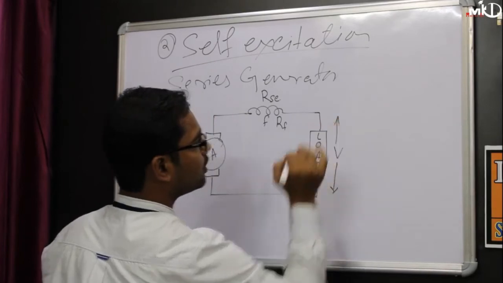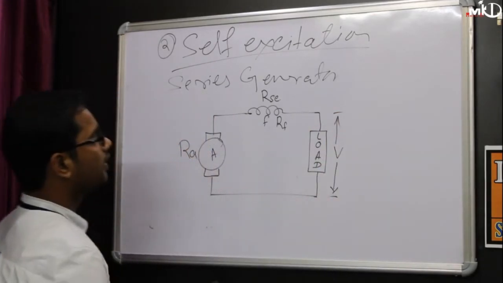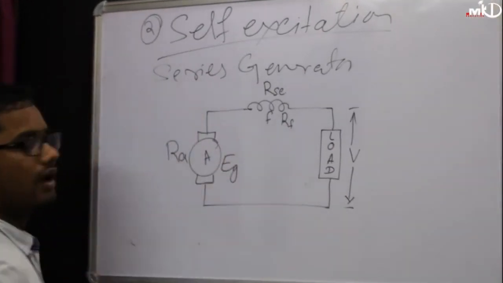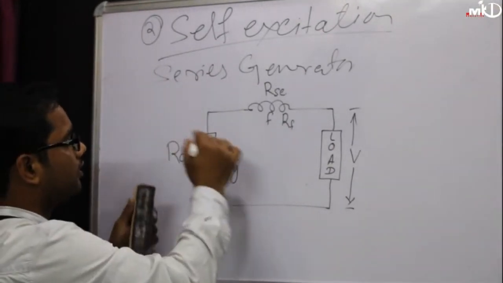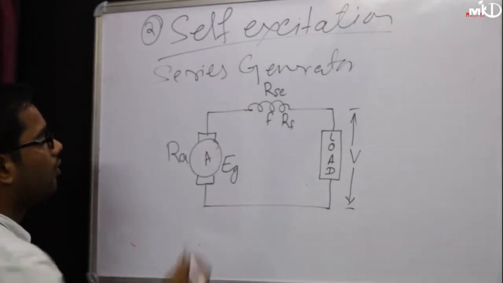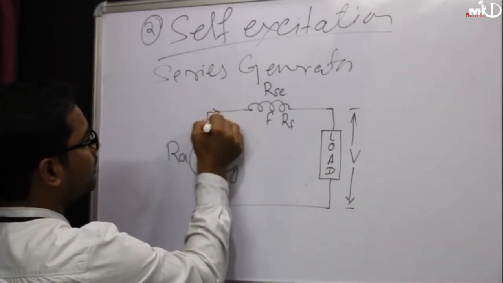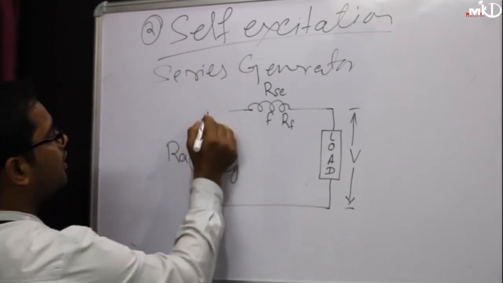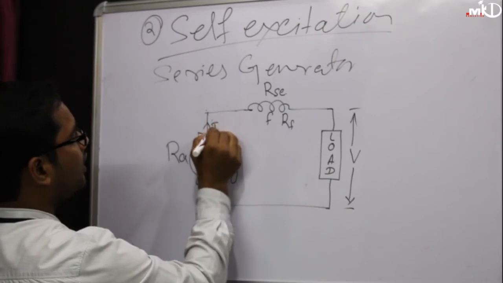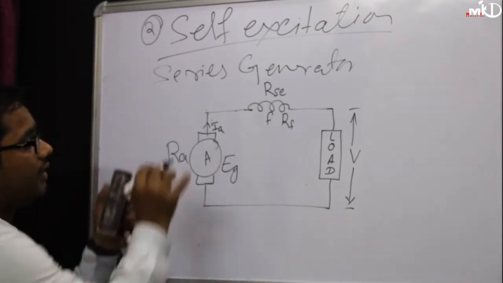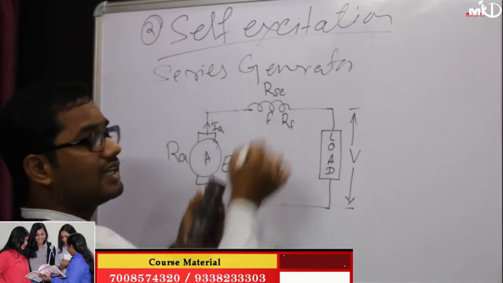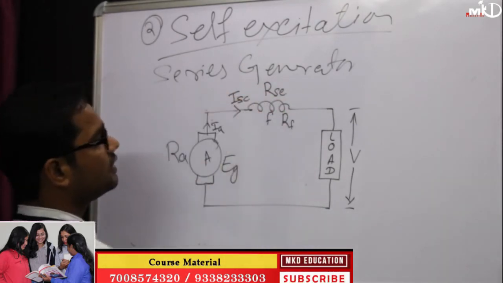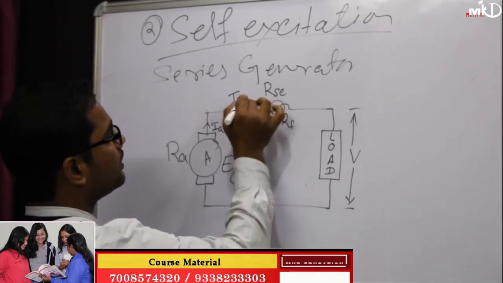Then the generated voltage is your EG, and due to the generated voltage, the current produced in the armature winding is your IA. And the current flowing in the series field, you can mark it as ISE.